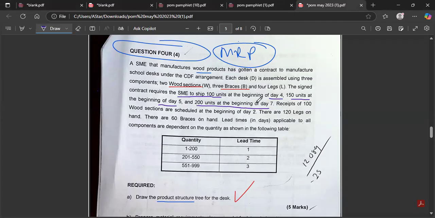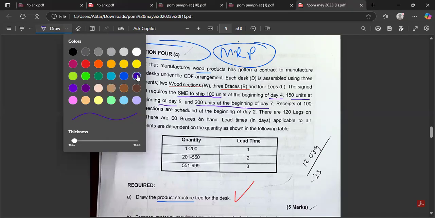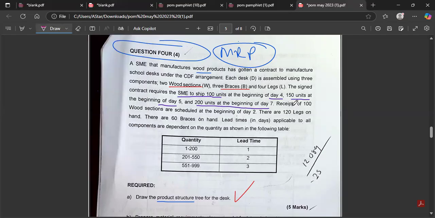So these are in relation to the desks only. The other one says receipt of 100 woods, scheduled at the beginning of a day. These are for the woods, not for the desk. And then the 120 legs are on hand, and there are 60 braces on hand. So for the desks, we don't have anything on hand. Are you there now?